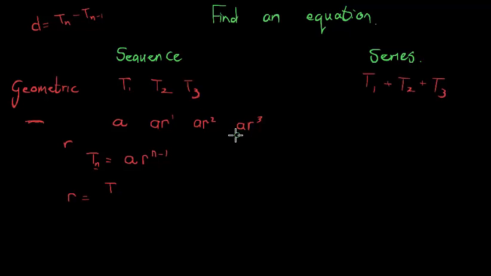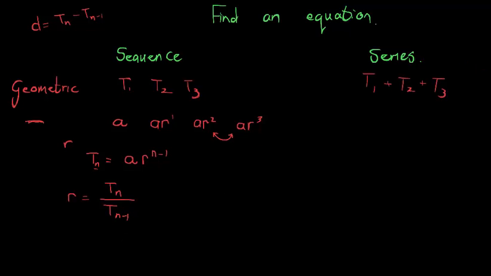So if I divide consecutive terms, I would just be left with R. The A's will cancel, and the first term's R's will cancel with the next term's R's, leaving 1 R. Makes sense?